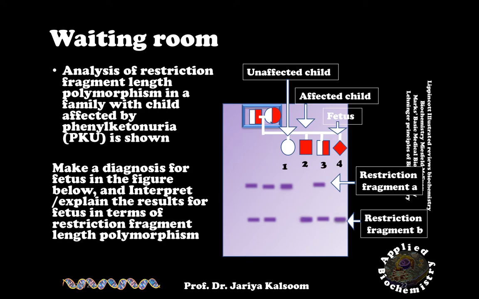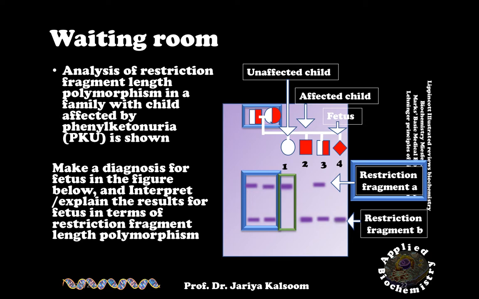Unaffected child shows only fragment A when DNA is digested by endonuclease, thus normal gene is associated with the polymorphism giving fragment A. An affected child lacks phenylalanine hydroxylase activity and shows only fragment B when DNA is digested with same restriction endonuclease, therefore defective gene is associated with the polymorphism giving fragment B.